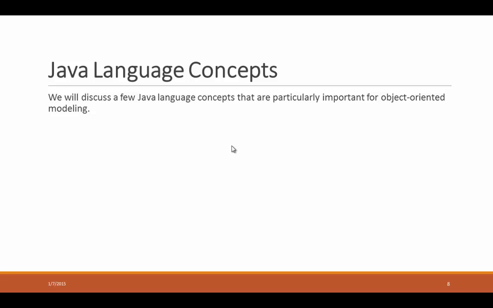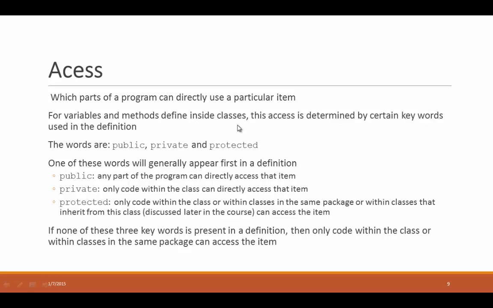Now, I've already mentioned two things that are important in Java: instance variables and methods. There's a couple of other things that are important, and because I'm particularly interested in security and trying to set up for the higher levels of software engineering, I'm going to mention access as the first one.